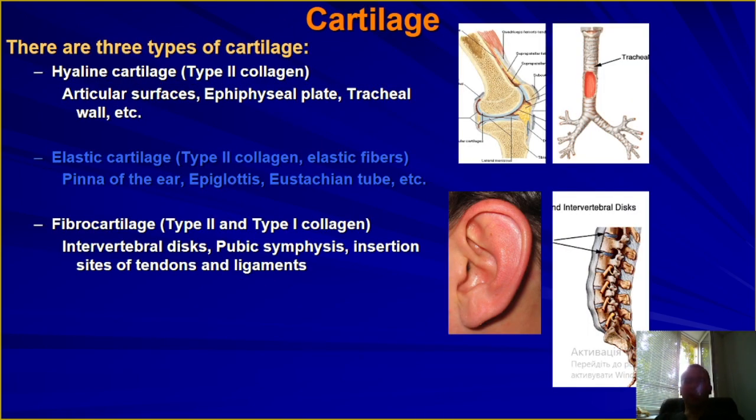There are three types of cartilage in our body. It's hyaline cartilage, which is the cartilage covering joint surfaces, elastic cartilage, and fibrocartilage. We will be talking about hyaline cartilage today, because osteoarthrosis is about this type of cartilage.